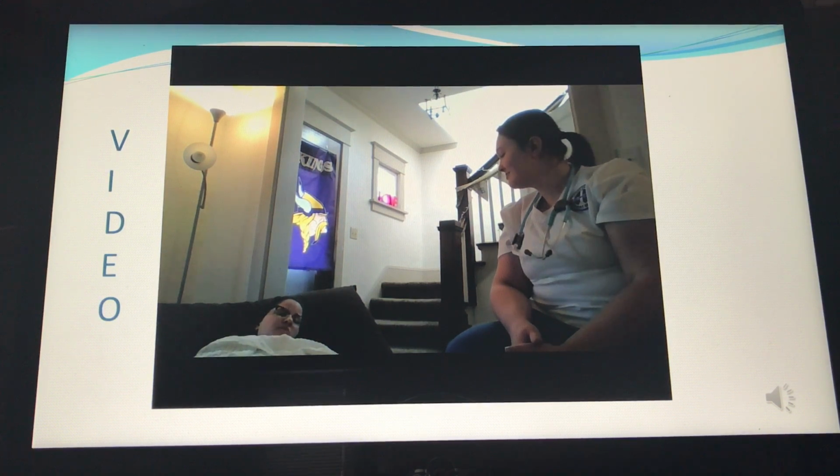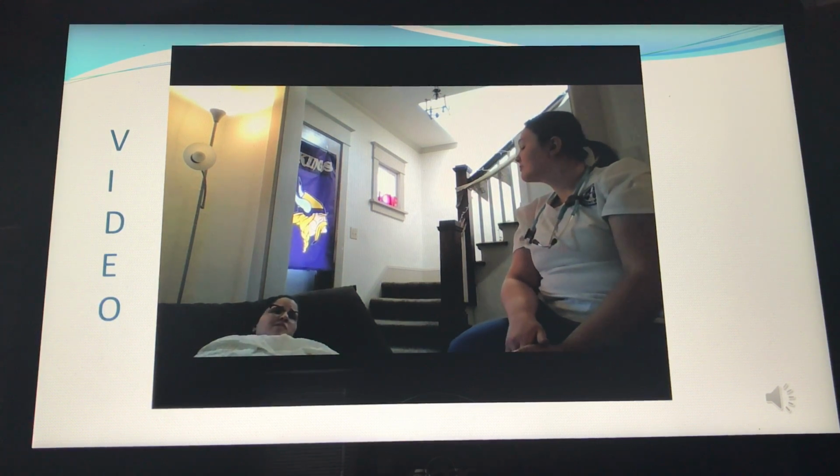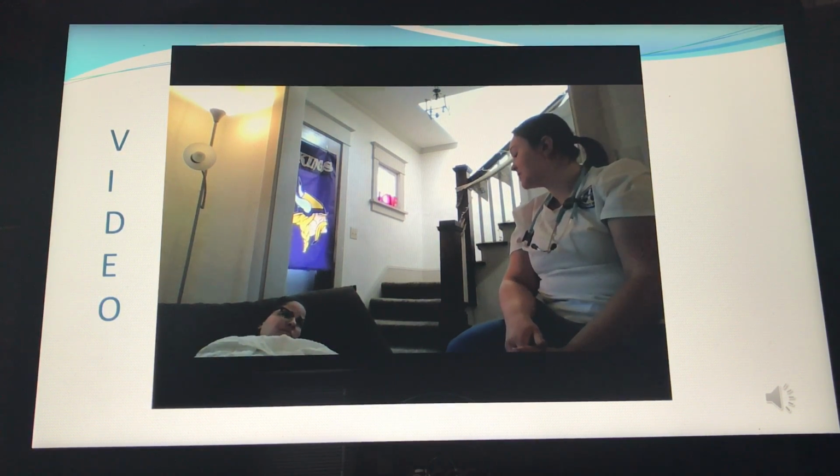And my sister will come. Okay. And do you think your sister and or your husband will be able to provide the care that you will need when you go home? I mean, they might be able to pick me up. Maybe. Okay. Do you think your husband and your sister would be physically able to do that for you? My husband has a bad back.